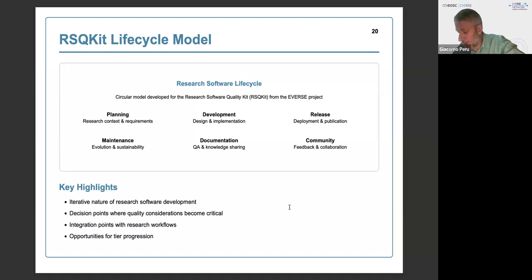The RSQ Kit model provides practical guidance for navigating software best practices by connecting lifecycle stages to specific quality recommendations and tools, making the theoretical framework actionable for research software developers across different experience levels and institutional contexts.